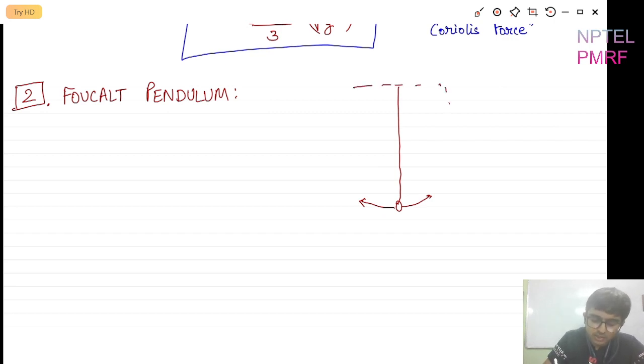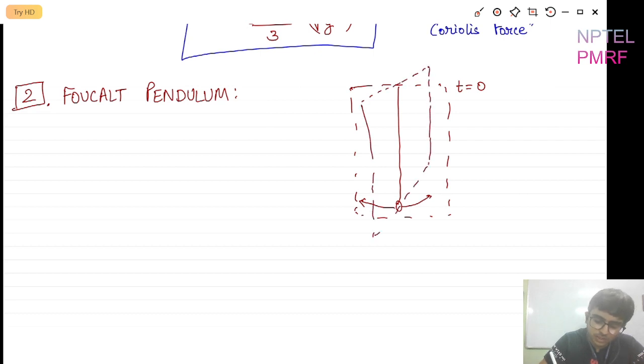Generally speaking, when we didn't know about rotation, we know that it stays in the same plane, right? Because there is no force perpendicular to the plane. But now we know that there is a Coriolis force again, which can rotate this plane. So if this is at initial time, after some long time this plane can change, and now the oscillation would be along this plane. Okay, and that is your Foucault pendulum.